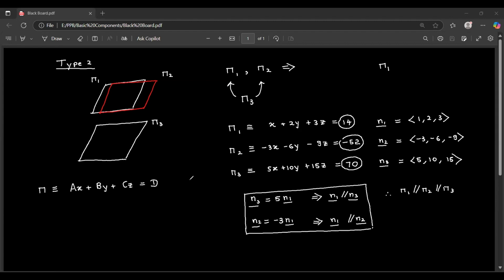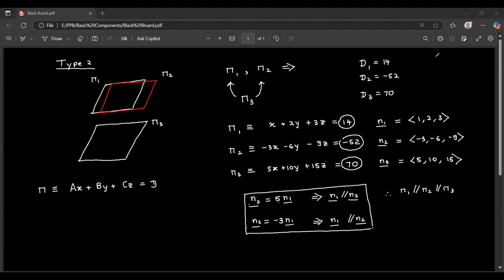This is what we normally do. So let's say pi 1 has the value d1 as 14. In this specific case, d1 is equal to 14, d2 is equal to negative 52, and d3 is equal to 70.